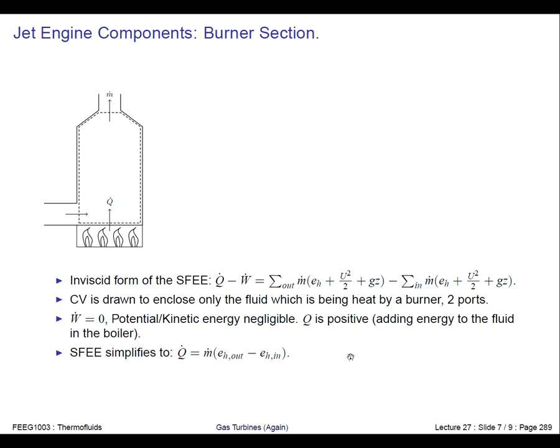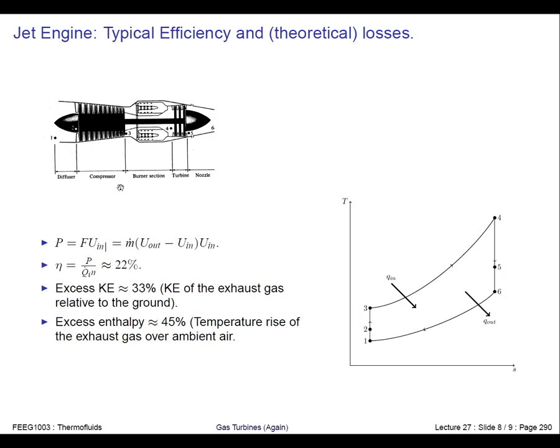So the idea with the jet engine is you apply control volumes on the different sections all the way through, and you can track the temperature or the enthalpy of the gas as it goes from section to section to section. The interesting thing about a jet engine is how poor it is from an efficiency point of view. So when you generate the efficiencies, your jet engine efficiency is 20 odd percent.